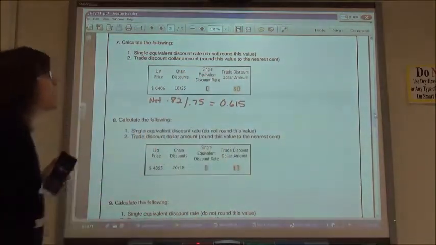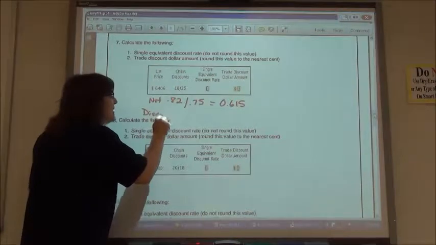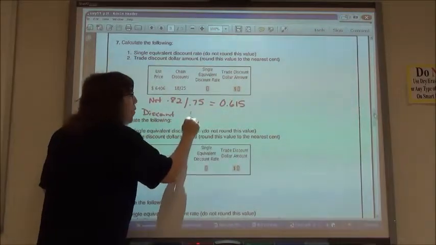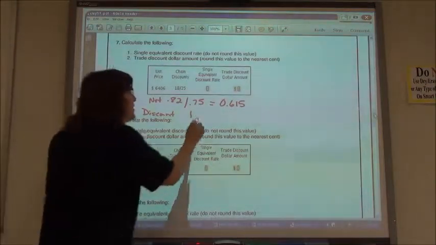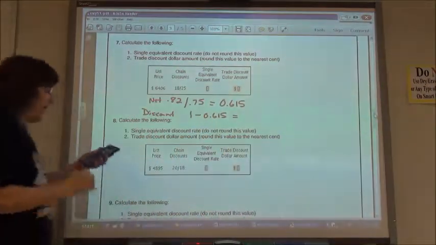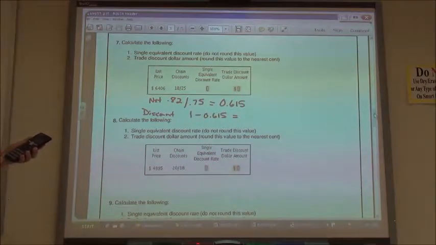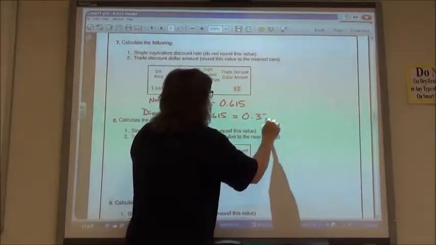That's my net price equivalent rate. To find what that is as a single discount, I'm going to take 1 is for 100%, the full price, and I'm going to subtract what the net is. So if I take 1 minus 0.615, my discount equivalent rate is 0.385.